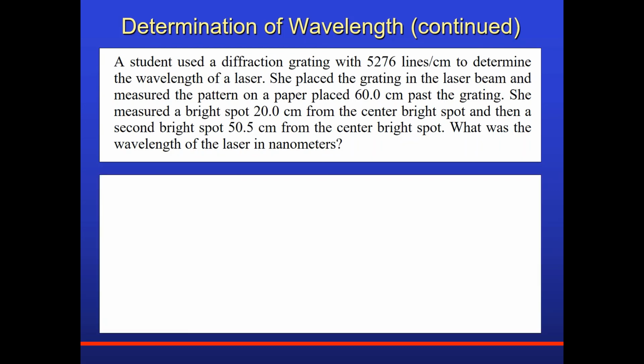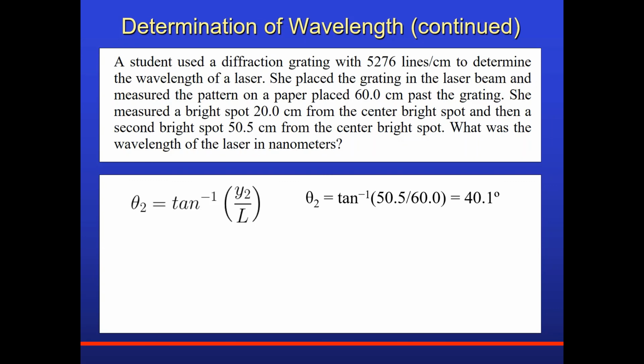We're going to solve for the second constructive interference, m equals 2. That angle is tan inverse of y2 over L. y2, the distance of the second bright spot from the center, is 50.5 centimeter. Once again, L, the distance from the grating to the paper, is 60 centimeter. So theta 2 is tan inverse of 50.5 over 60, 40.1 degrees.